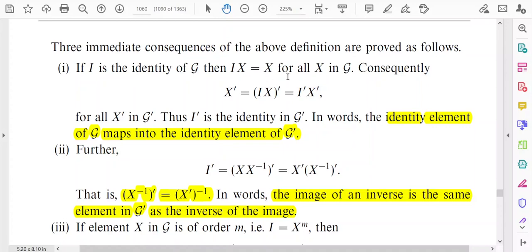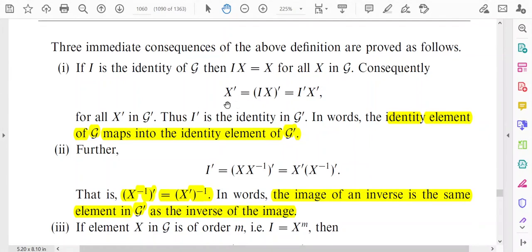So Ix is equal to x holds for all x in G. Consequently, for x we write Ix in the first bracket, so (Ix)' is equal to I'x'. This is from the definition of the homomorphism, and it holds for all x' in G'.